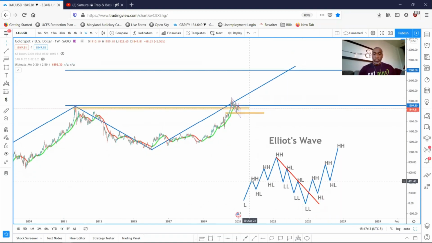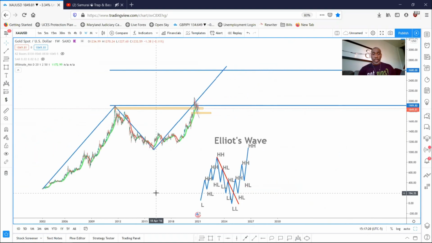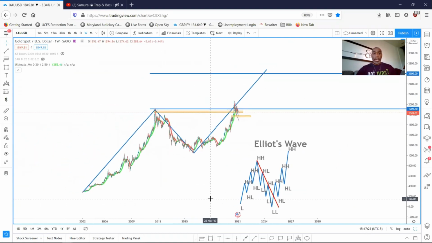You got leg 1, 2, 3, 4, and then 5. Right now, just looking at gold, and this is on a weekly time frame, we have leg 1. This is 2. What leg are we in?